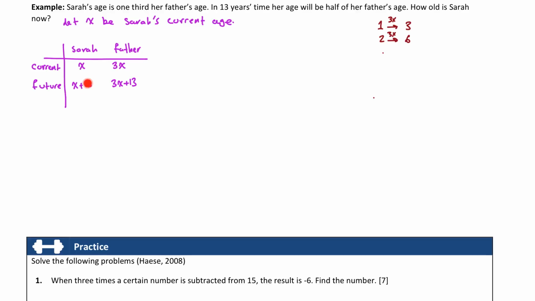If her age is half of her father's, that means her father would be twice her age in 13 years. So I can write another set of information here, which comes from this part of the sentence, and that is that her father would be 2 times her age at that time, which is x plus 13.